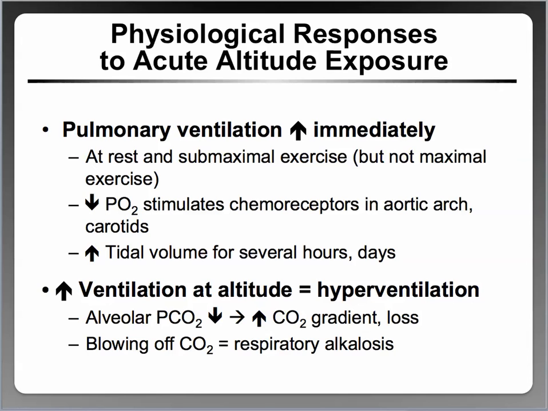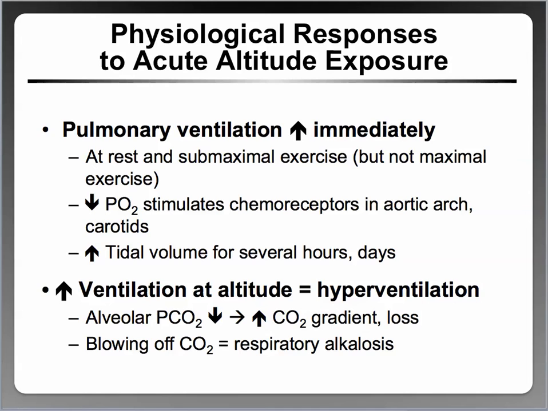So one of the first responses that occurs, and it's pretty immediate, as soon as you arrive at altitude, you start to increase pulmonary ventilation, or just the volume of air that you're taking in and out of your lungs. This is seen at rest, it's seen at submaximal exercise, but not at maximal exercise. We have a couple of physiological mechanisms at play that result in the increased pulmonary ventilation.